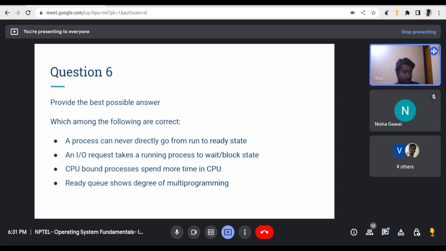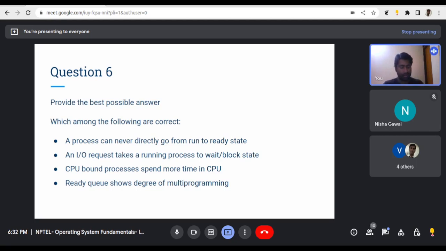Suppose after every statement, in every instruction, you have given an input output statement. You have used a printf statement or a scanf statement. So it will spend more time doing input and output, and less time doing any processing tasks, right? So that is an IO bound process.